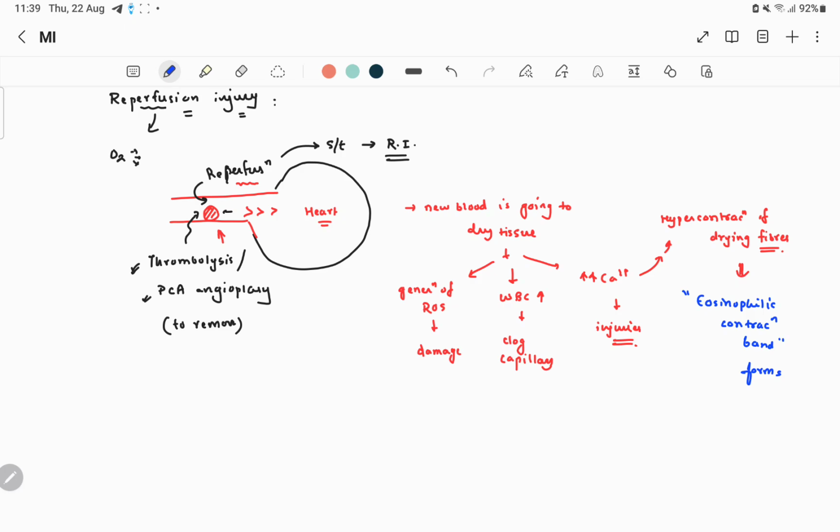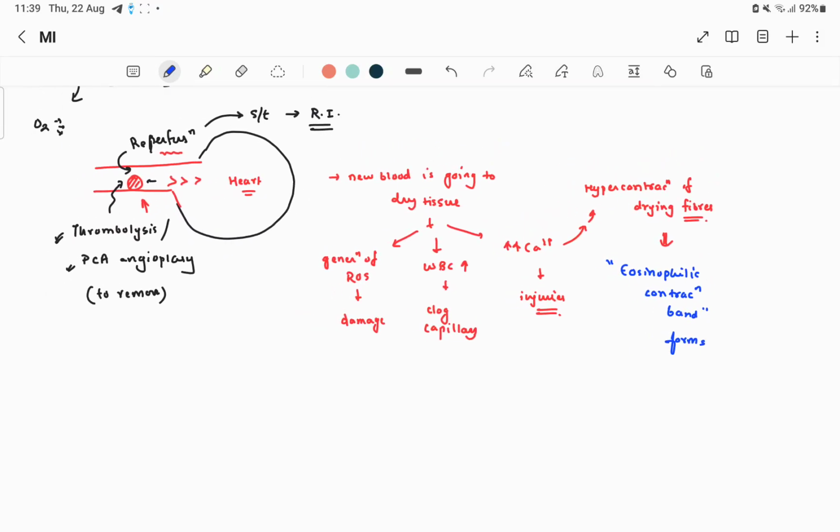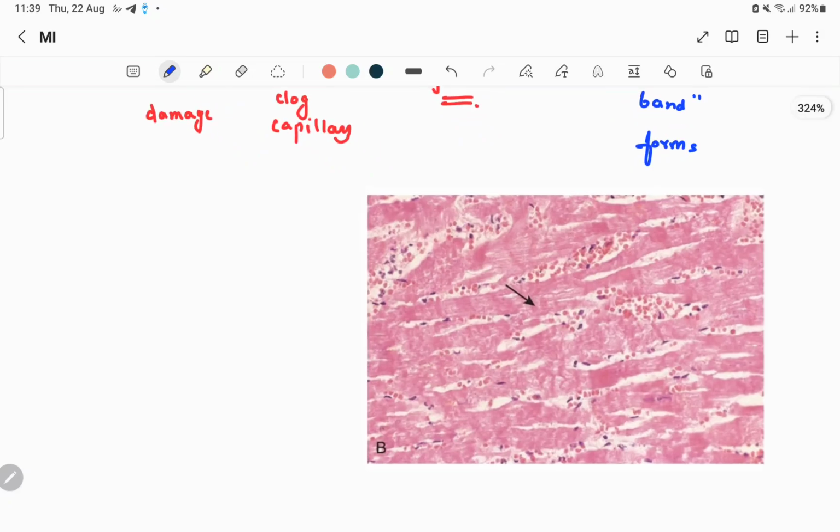Basically, we'll see pink colored bands, and these pink bands are because of a hypercontractile state of the fibers which were previously dying, right? So if you want to see the picture of reperfusion bands or eosinophilic contraction bands, let me show you. Okay, you can see this type of bands over here.